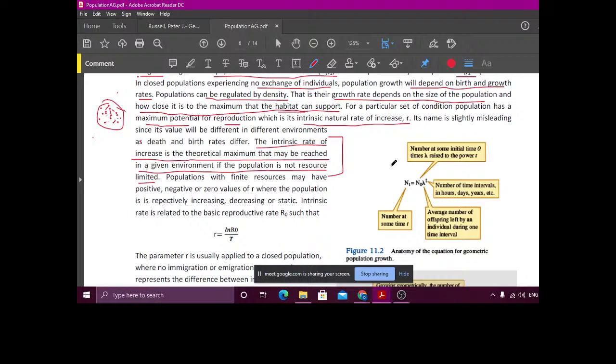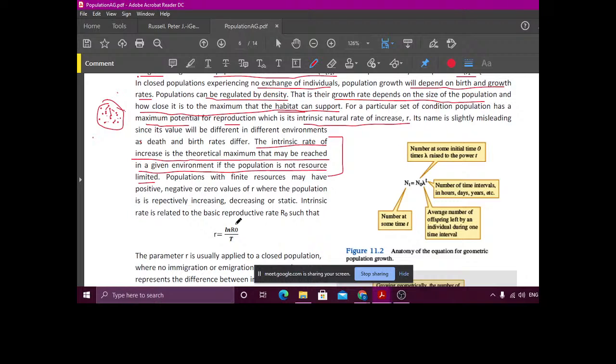Rate means number of individuals per unit time. For example, a human at a time cannot give more than 4 or 5. That is the maximum it can reach. In a population, with all of them reproducing, the maximum you can get is the value R.